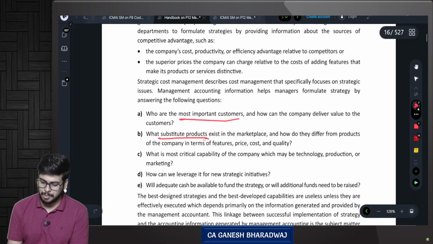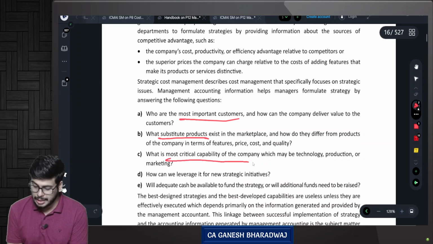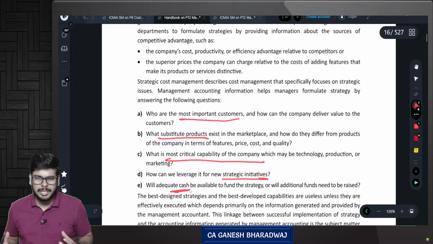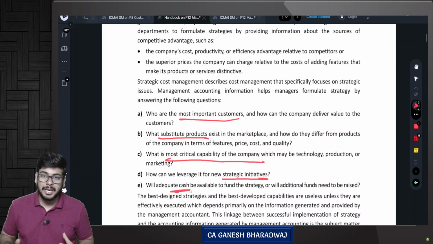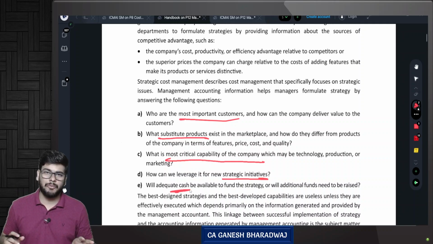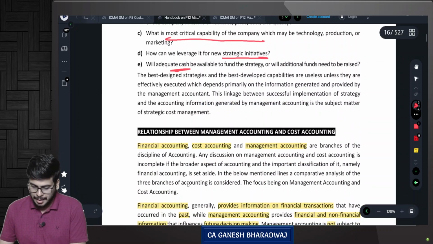What are the substitute products available? What is the most critical capability of the company? How can we leverage it for the new strategic initiatives? And will adequate cash be available to fund the strategy? There are many things that go behind which decision you want to take, cost leadership or product differentiation. All this analysis will be done by a management accountant.